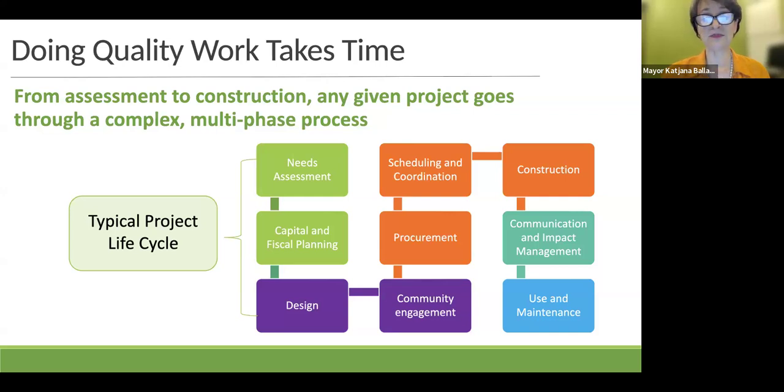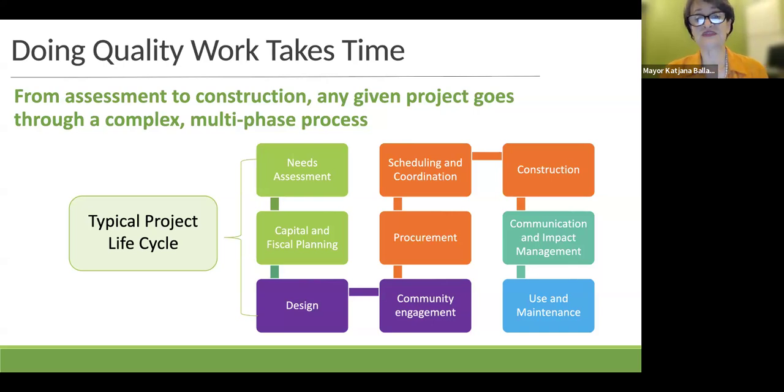Design, community input, state regulated processes for procuring contractors and supplies, scheduling and management, construction with constant communication and impact reductions for our residents. And once done, we have to maintain what we build. That's why we measure most project schedules in years, not months.